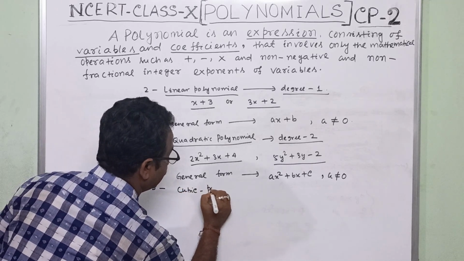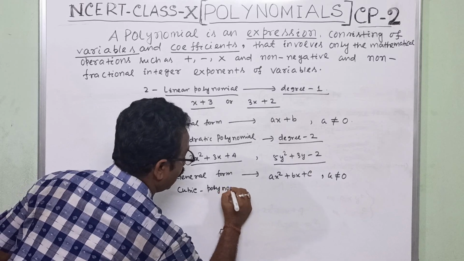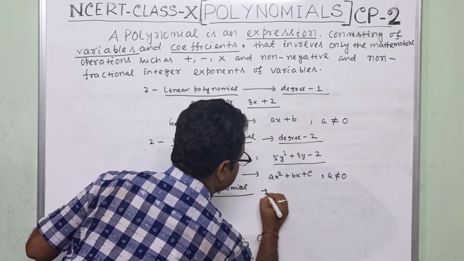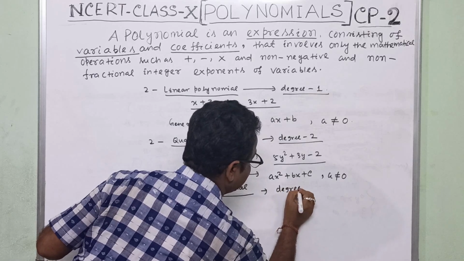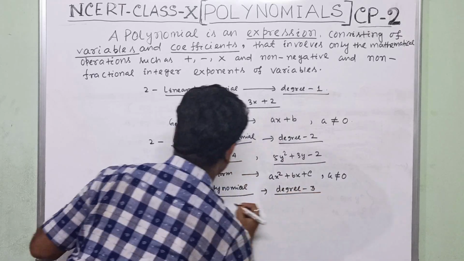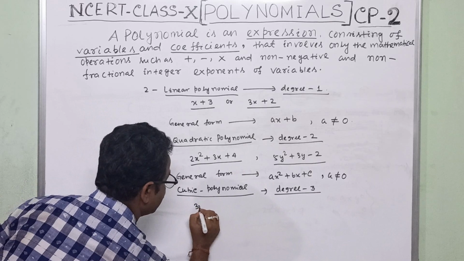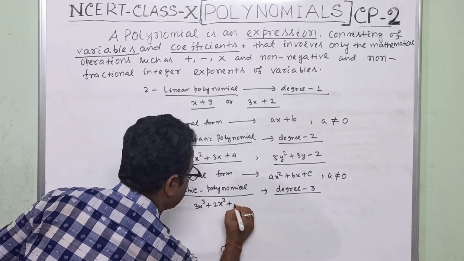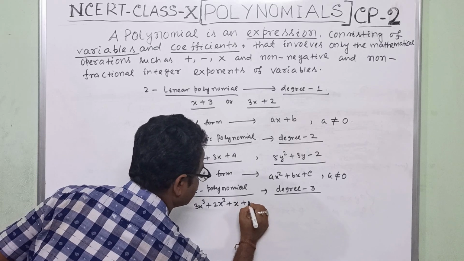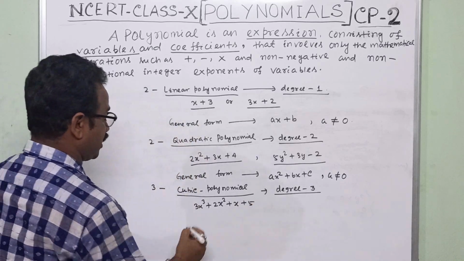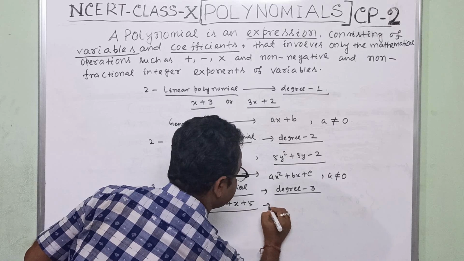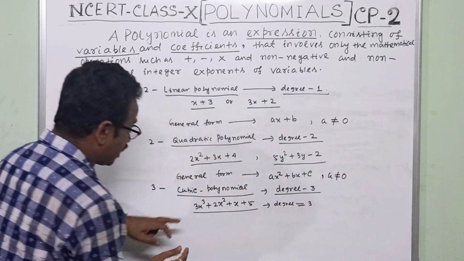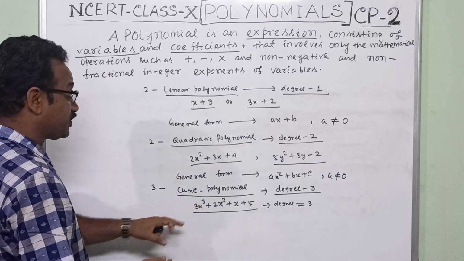Now come to the third one, cubic polynomial. Cubic, degree 3. So suppose given 3x cube plus 2x square plus x plus 5. Here one example is given. How much degree? Degree is equal to 3, because highest power of variable is x cube.